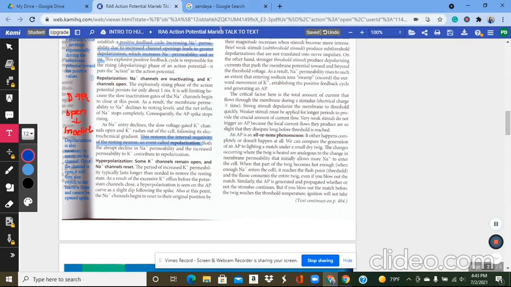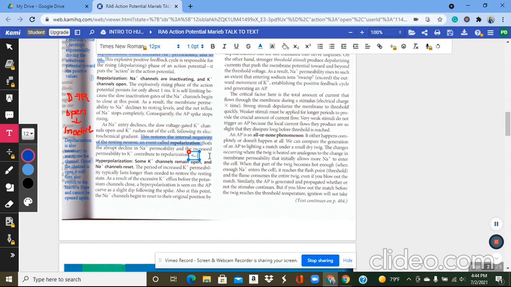So yeah, basically repolarization is the stage of the action potential in which the cell experiences a decrease of voltage due to the efflux of potassium ions along its electrochemical gradient. This phase occurs after the cell reaches its highest voltage from depolarization.